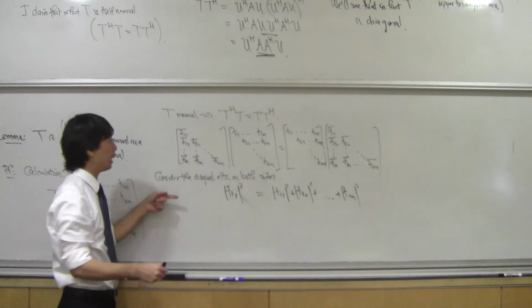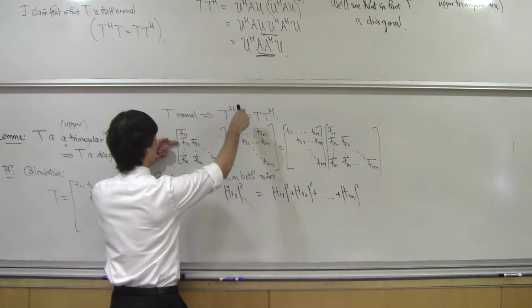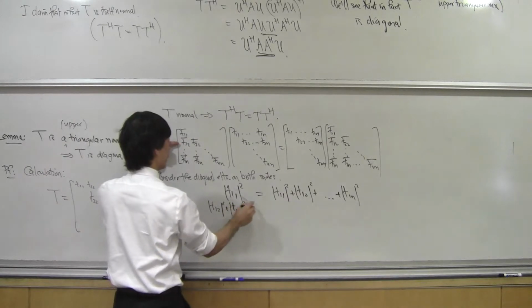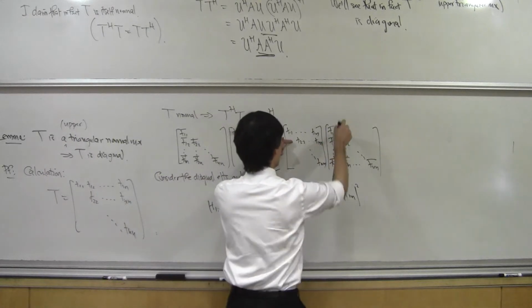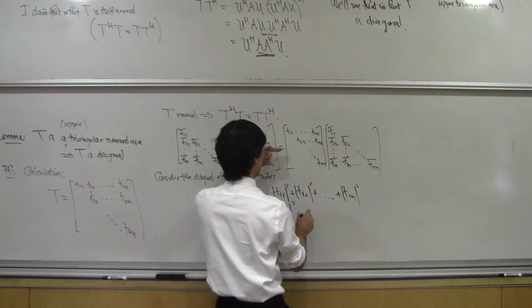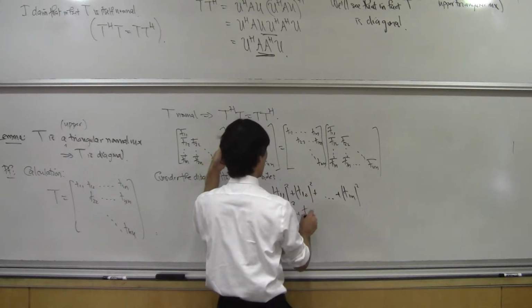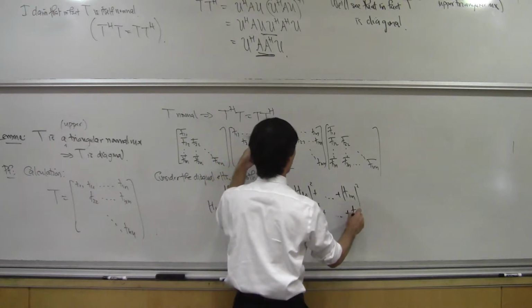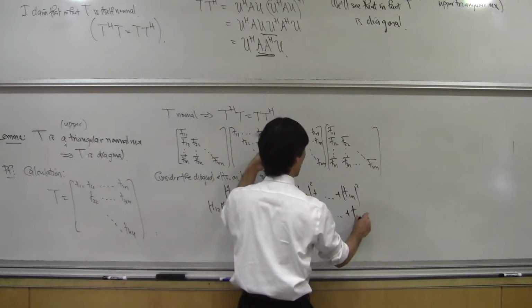Okay. Now, second row, second column, here I'm going to get T12 modulus squared plus T22 modulus squared. And on the right-hand side, I'm going to get T22 modulus squared plus T23 modulus squared plus T2n modulus squared.